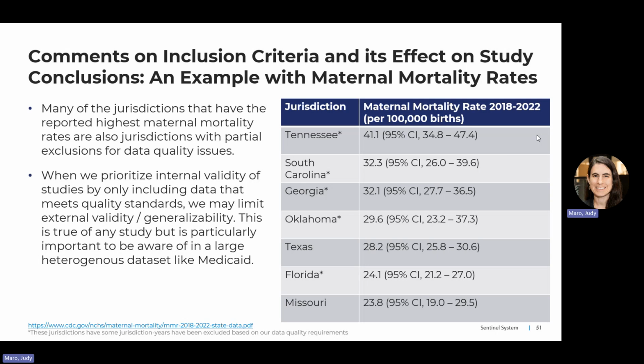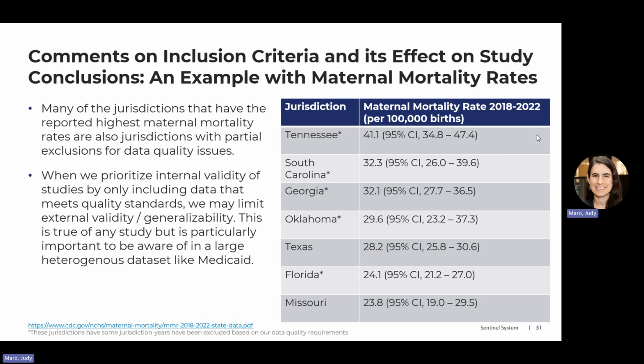So on your right, you see some information that was pulled from the CDC website on the maternal mortality rate from 2018 through 2022 for various jurisdictions, and they are ordered from where the maternal mortality rate is highest to lowest. We didn't include all of them here just for the demonstration for this discussion.